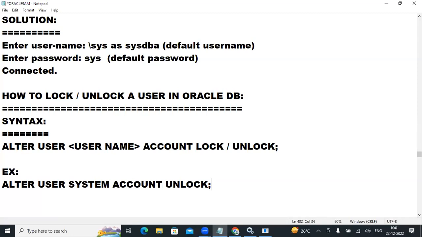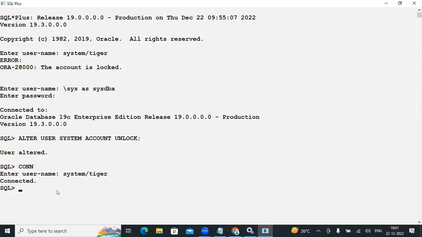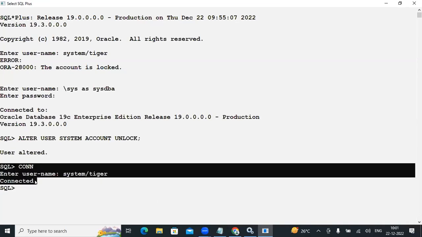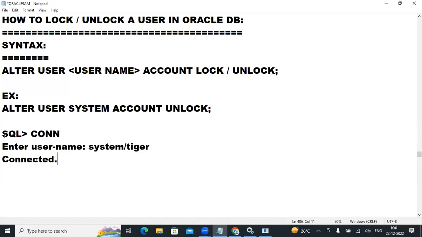Okay, right. So after making it unlock, this user is going to be successfully connected. And your user is what now? System. And next you have to take this, and it will connect now.